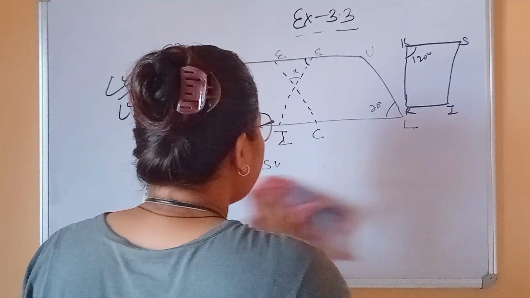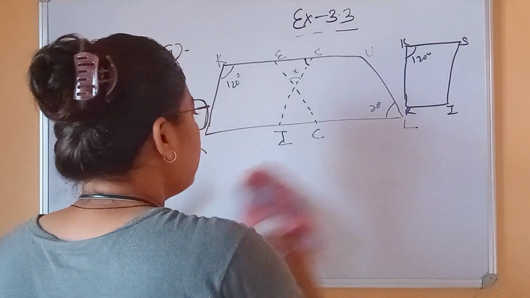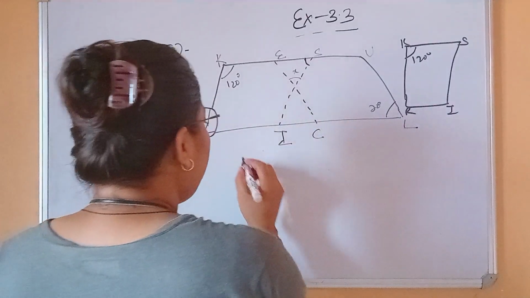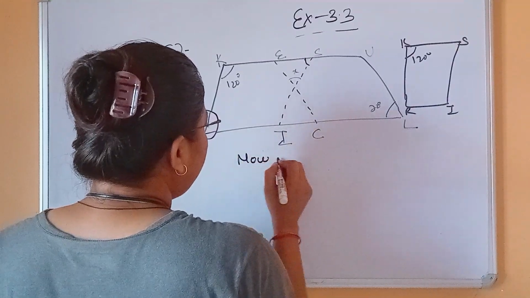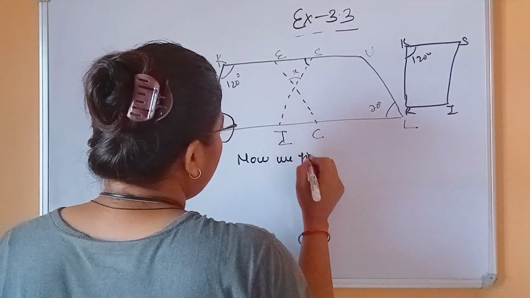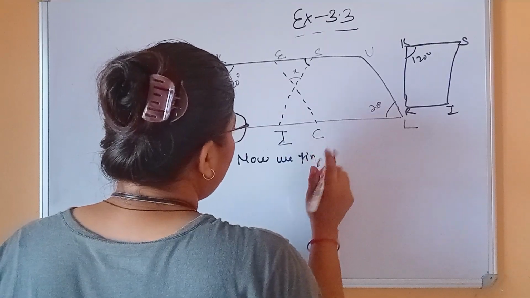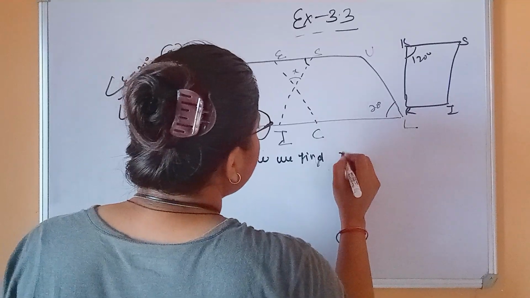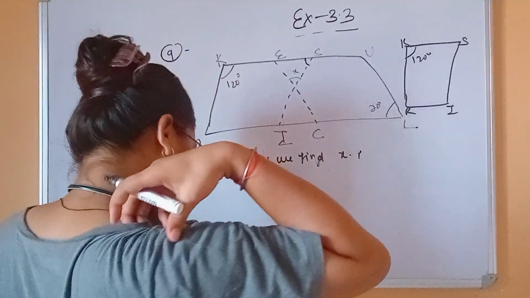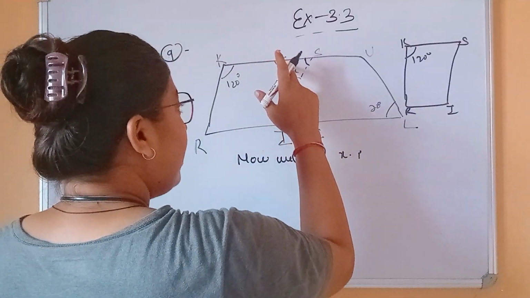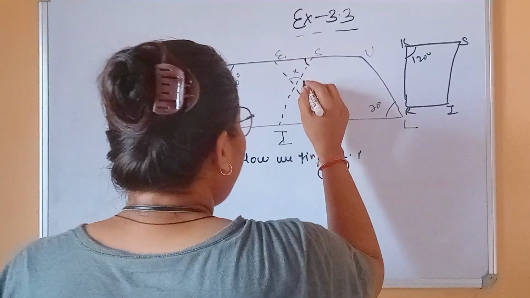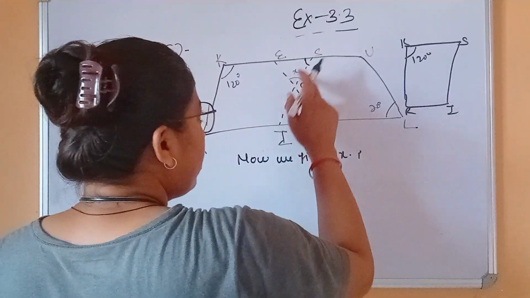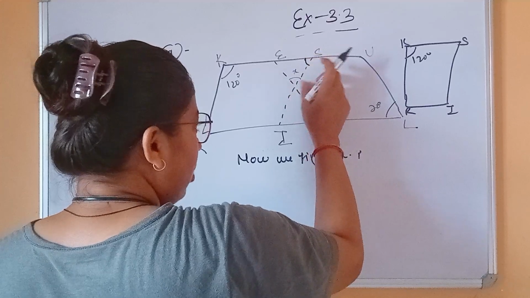So what we write? Here you can write, now we find angle X. Okay. So how we find X? Triangle ES, not given any name, you can write here O.